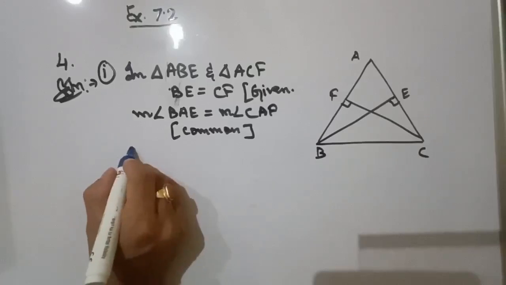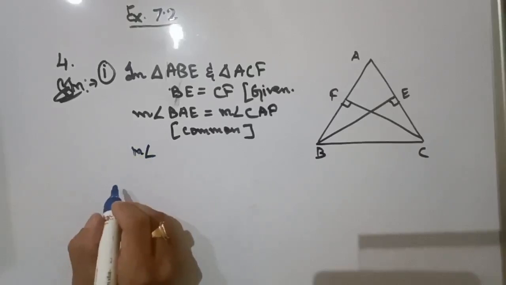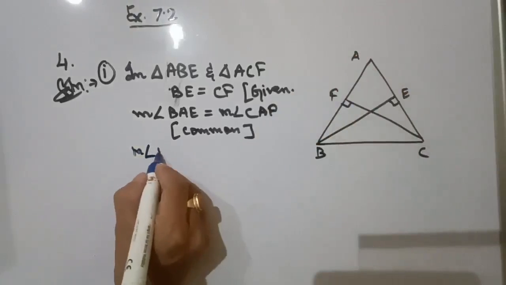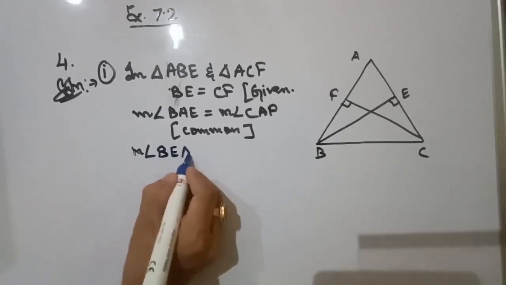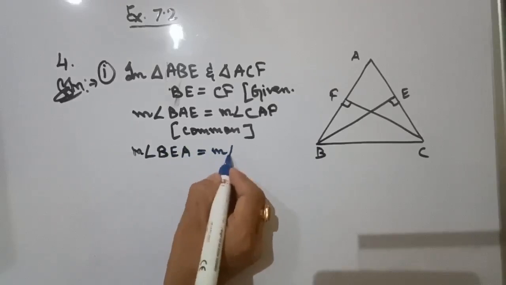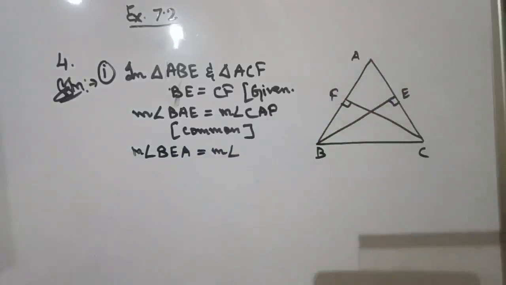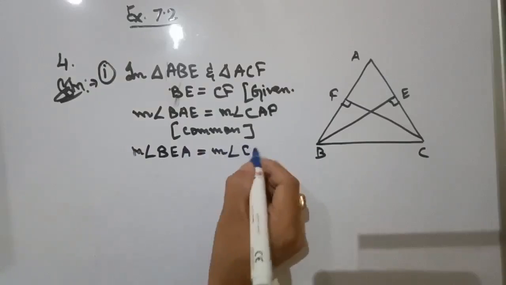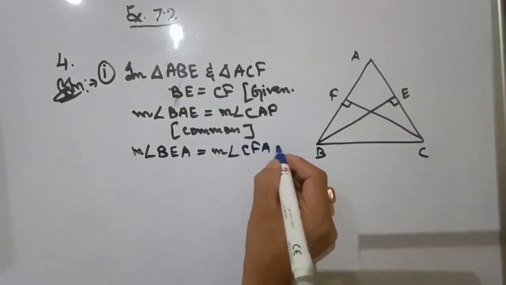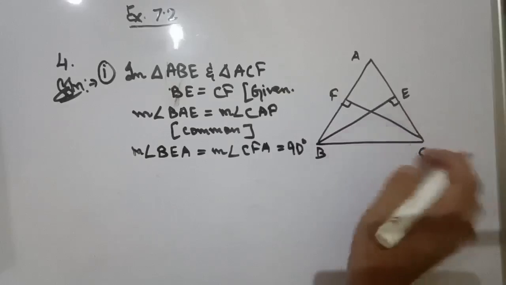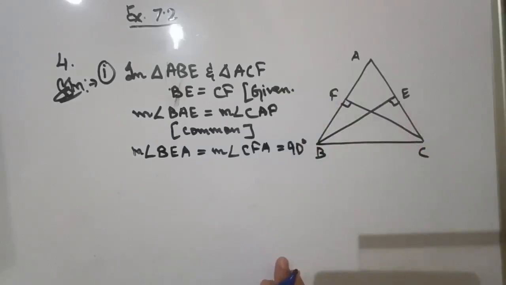And also measurement of angle BEA is equal to measurement of angle CFA, being 90 degrees, since BE and CF are the altitudes to the sides AC and AB respectively.